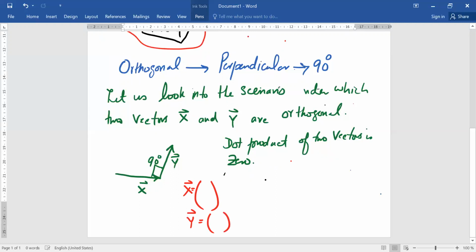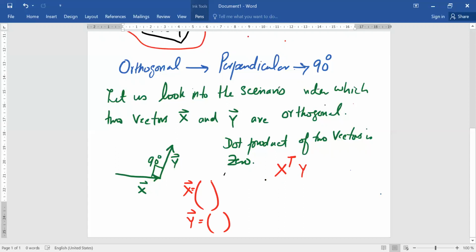When we say vector, it means column. So if I want the row of this vector, I have to transpose it. So I will do the transpose, so this becomes a row now, and then I multiply it with the column. So now x transpose is a row.